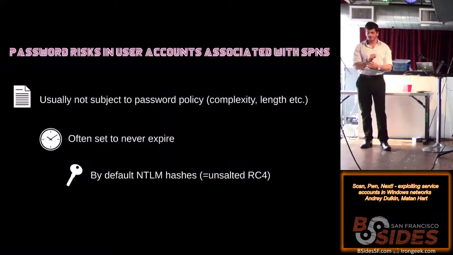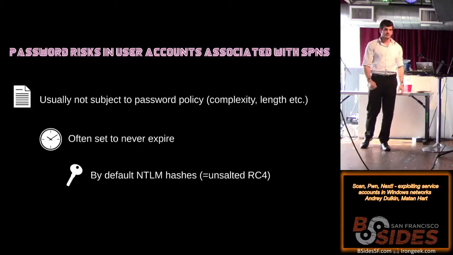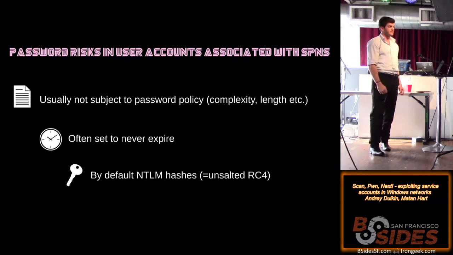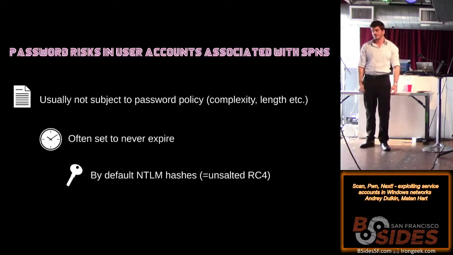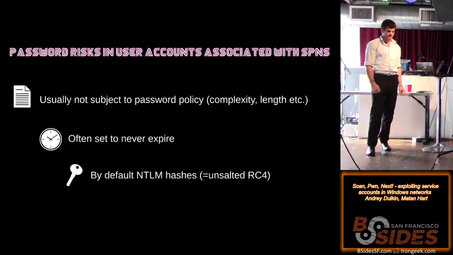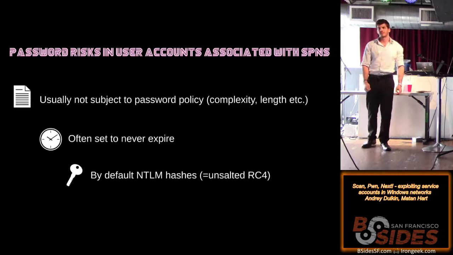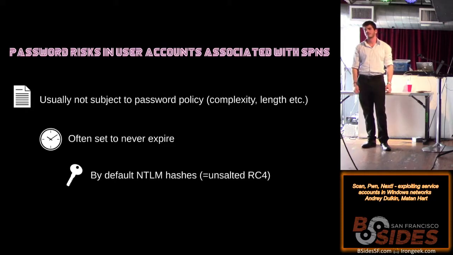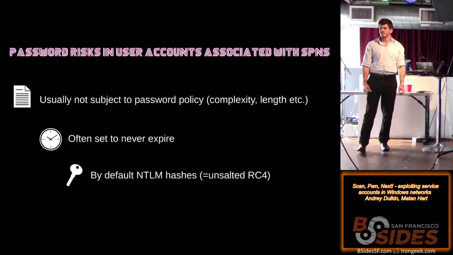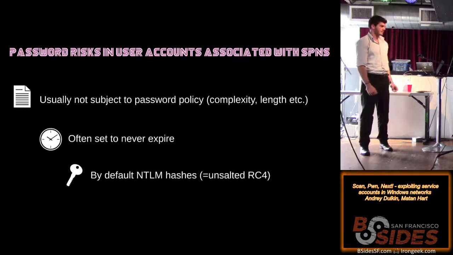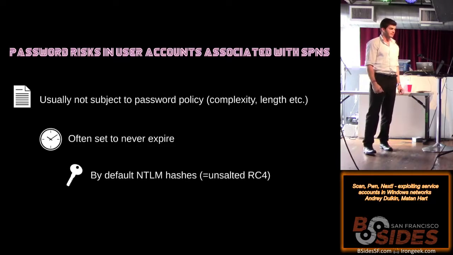The password policy, we already touched on that, is different for those service accounts, and usually differs from that of a standard user. We know that very often those passwords are set to never expire. You saw the example earlier for those automated processes going out. The same happens for SPNs, services that are listening for incoming connections. And they are usually configured to use NTLM hashes instead of AES, which are the stronger hashes.